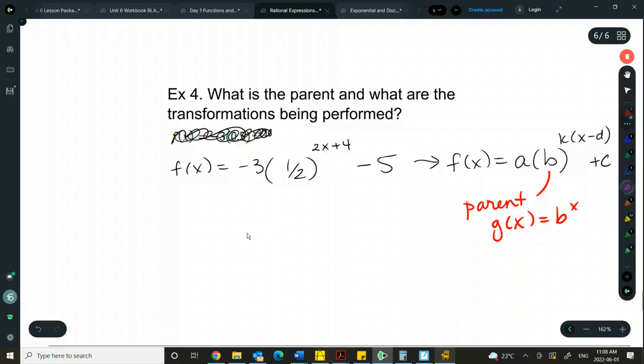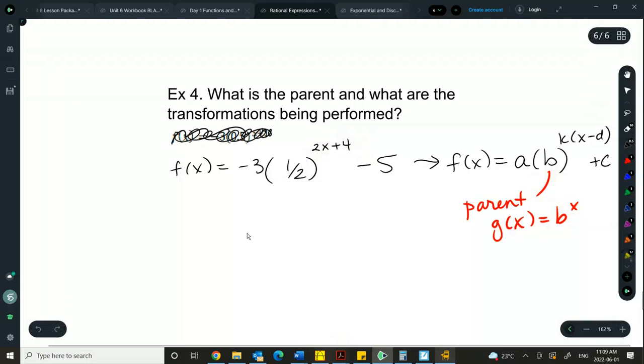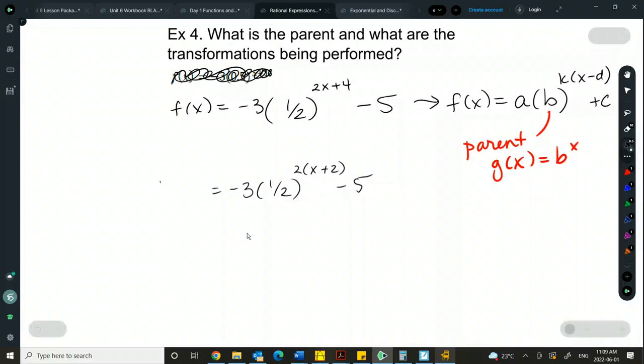And one other thing that we need to remember for all transformations is that k must be common factored out of x and d, which in this case, this format is not quite right. So before I start doing transformations of this, I would want to ensure that I take out that 2. So I would write it like this.